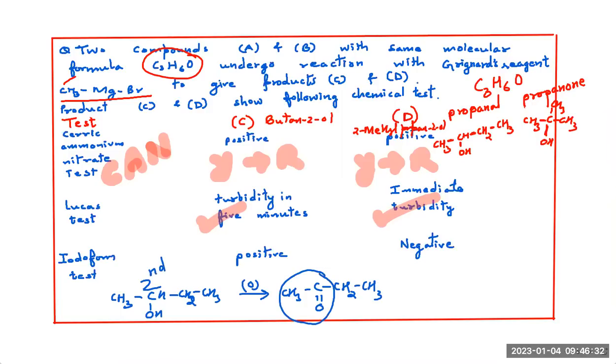But tertiary alcohol does not undergo oxidation, it is resistant towards oxidation. उसका स्टेप 1 में डिहाइड्रेशन हो जाता है. यानी कि हमारा ये जो आयोडोफॉर्म टेस्ट है ये भी सही है. Secondary alcohol will give but tertiary will not give, and hence C is butan-2-ol while D is 2-methylpropan-2-ol.